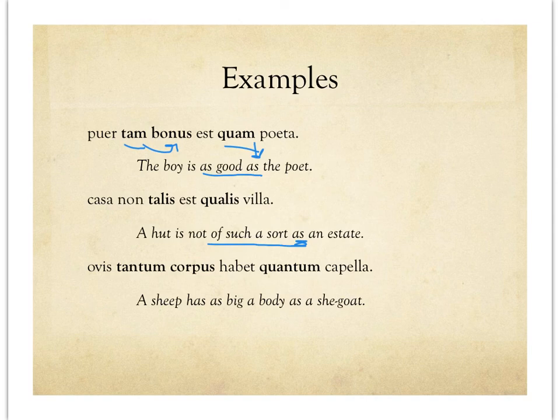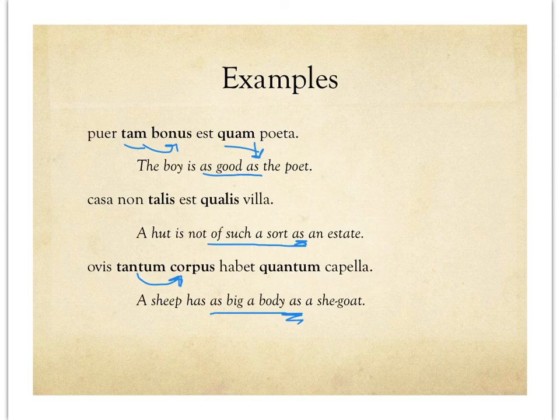The next example does a similar thing. Remember, tantus is one of those words that's an adjective, right? So it is modifying corpus here. Ovis tantum corpus habet quantum capella. A sheep has as big a body as a she-goat. So again, always in the nominative. Capella is the thing being compared.